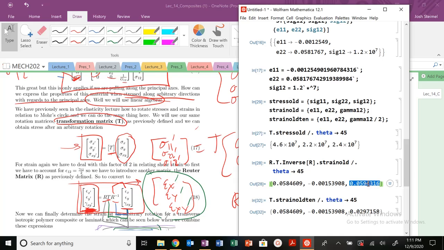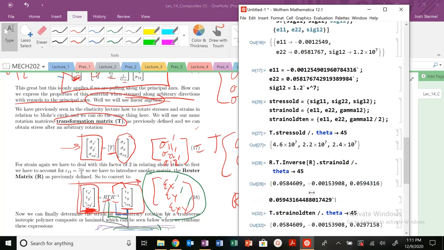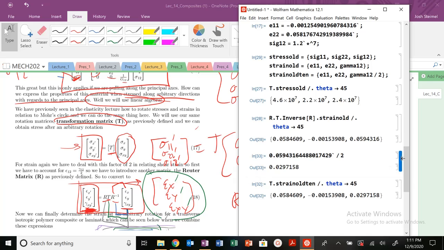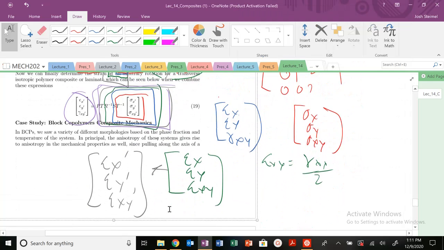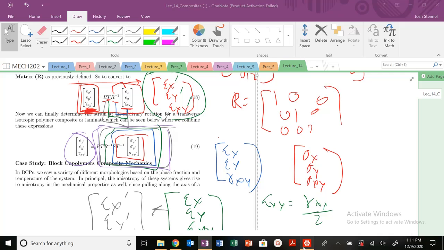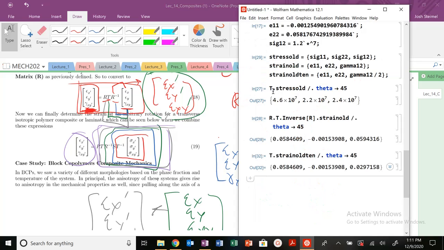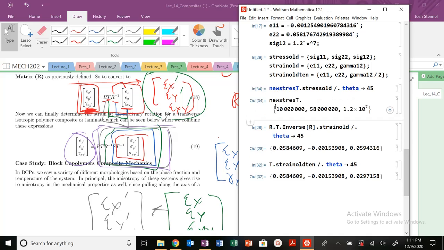So if I divide this by 2, we'll get this exact same answer. So there are multiple ways you can get to this expression, or you could even do this nastier expression, or not nasty, but you can confirm your answer. So I'm going to call this my new stress, except I'm going to actually make it a variable.